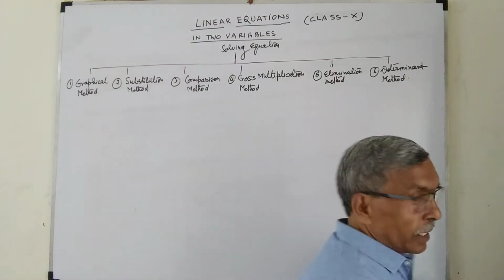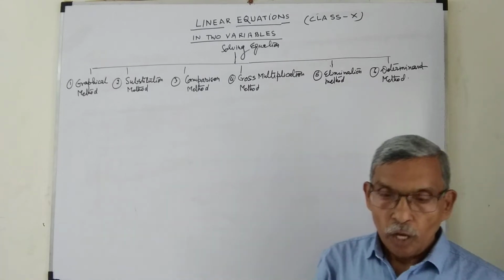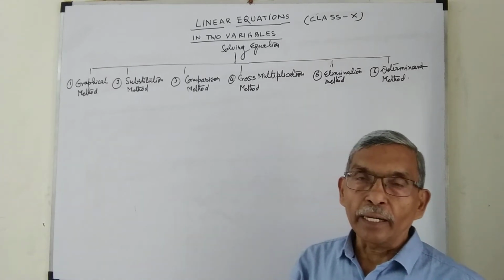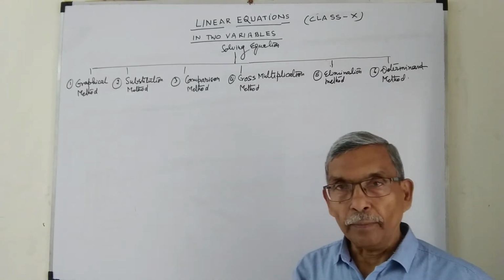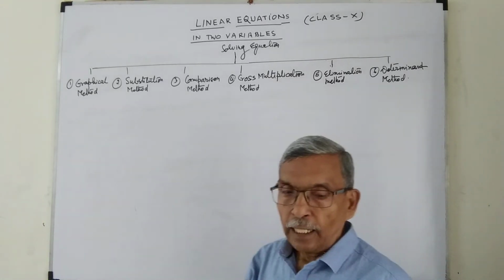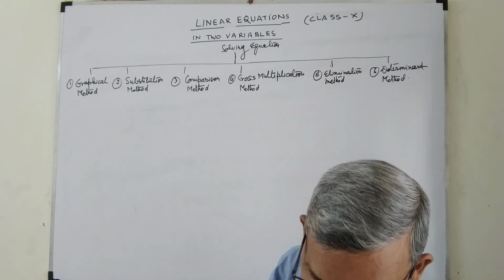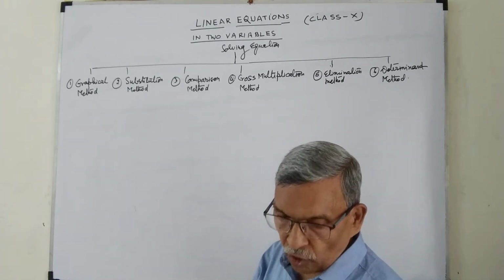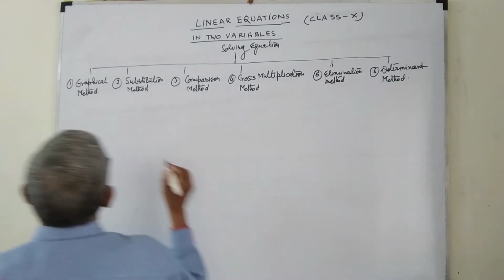So these are 6 methods of solving simultaneous equation in 2 variables. So let us solve by using different methods. So I am taking one example. 5x minus 3y is equal to 8.